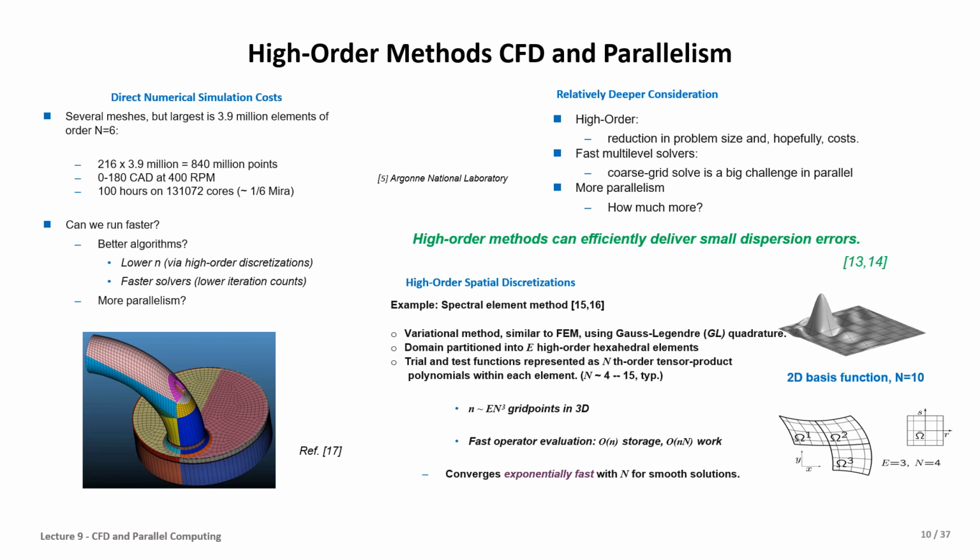Also, when we are using parallelism in CFD, we should look deeply at what we are looking at. When we say high order, we mean reduction in problem size and hopefully reduced cost also. When we have a fast multi-level solver, the coarse grid solve is a big challenge in parallel, so we need to pay attention to this.